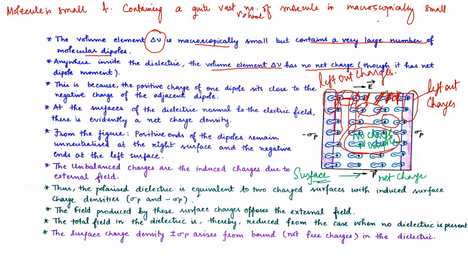Why? This charge is contributed from these charges which are not being cancelled out, because there are no charges available to cancel them. So surfaces have some charge density.